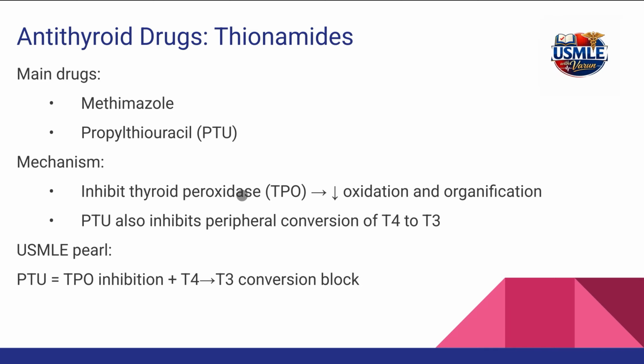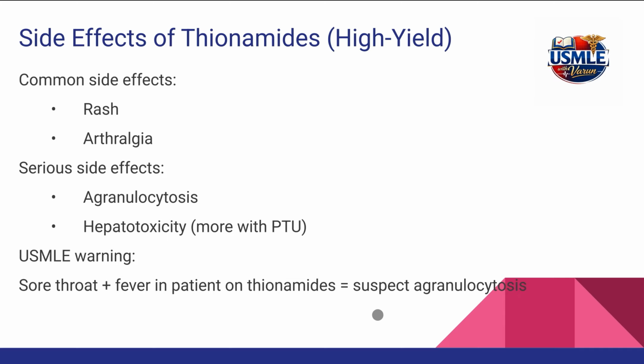So the mechanism of these thionamides: they inhibit thyroid peroxidase, in turn inhibiting oxidation and organification. TPO inhibition and T4 to T3 conversion inhibition both occur in the case of propylthiouracil.